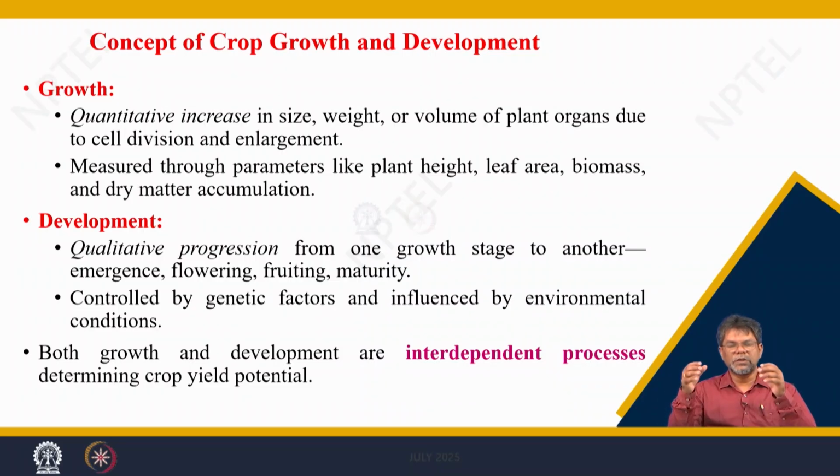These are visual appearances, a qualitative term, which you do not measure but you can visualize. But growth and development are processes that go in parallel. With proper growth, you can go for development, and the economic part comes from the proper growth phase of the crop.